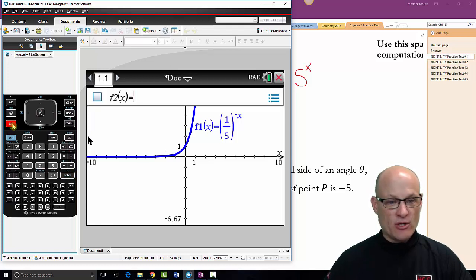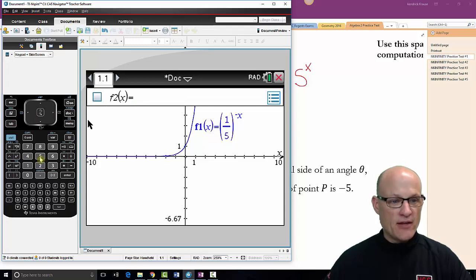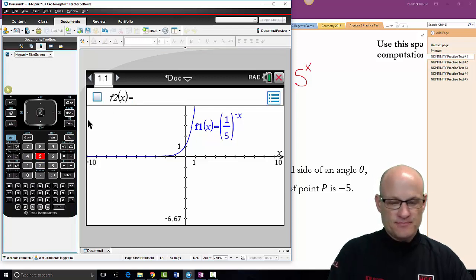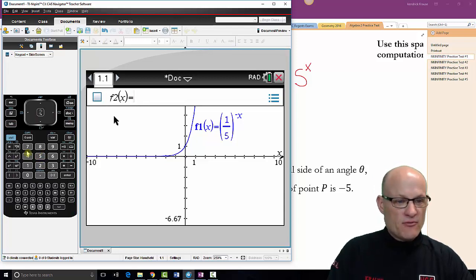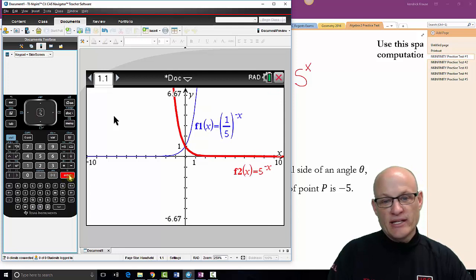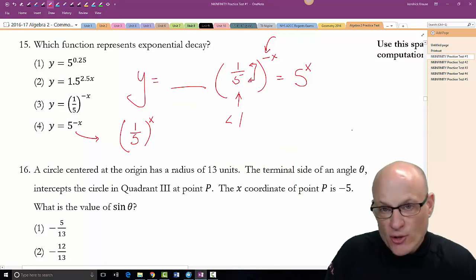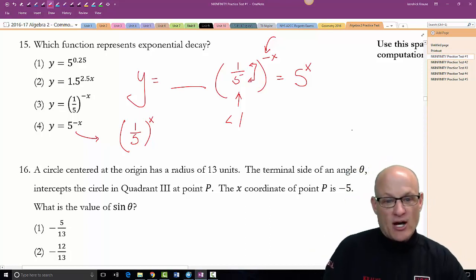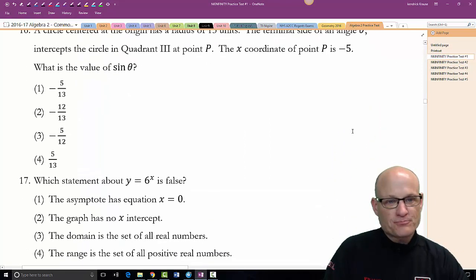But if I do the second one, in red here, that's 5 raised to the negative x, and you'll see the red one is an exponential decay question. So like I said, the easiest way is to graph them and see which one comes down, but you should know what's going on.